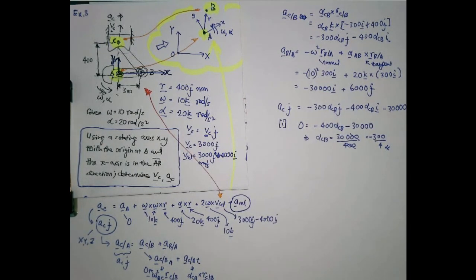So that is the angular acceleration alpha CB. It's not 0.